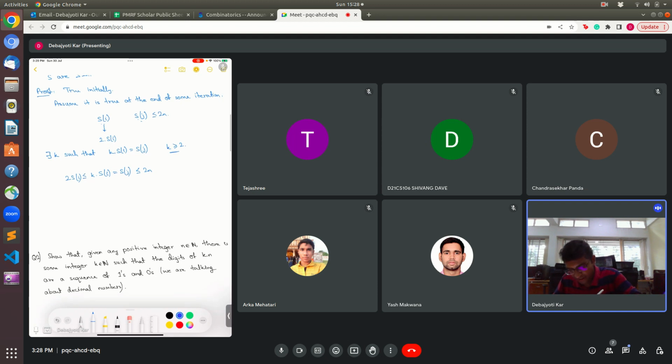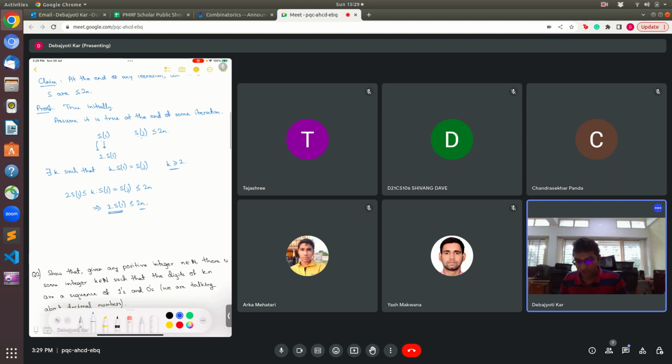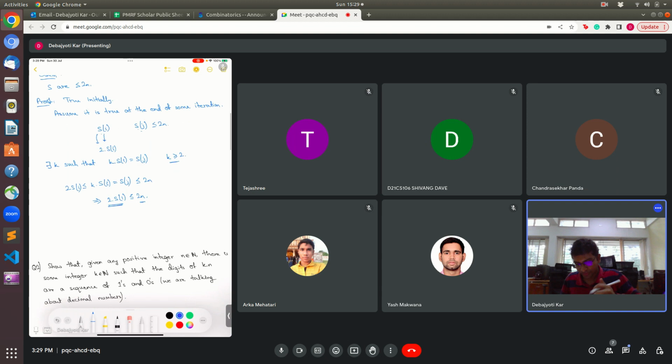Which directly implies that 2 times Si is less than or equal to 2n. So even after doubling, now we are replacing Si with 2 times Si, but even after this step, this number is still at most 2n. So it does not exceed 2n, so hence we are picking all the numbers from the set 1 up to 2n. Okay, so hence the algorithm terminates.